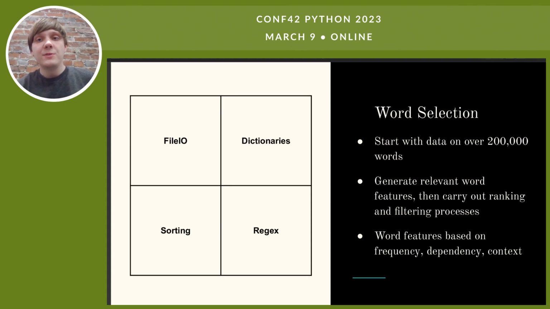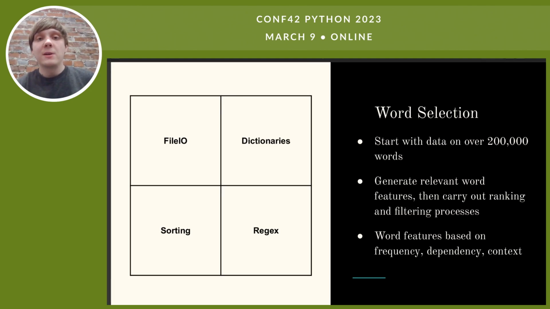So in order to do this word selection in Python, we have to do some file I/O. We have to actually read in these data files that contain a lot of text and language data. We have to build up these dictionaries where we basically map words to information about them.